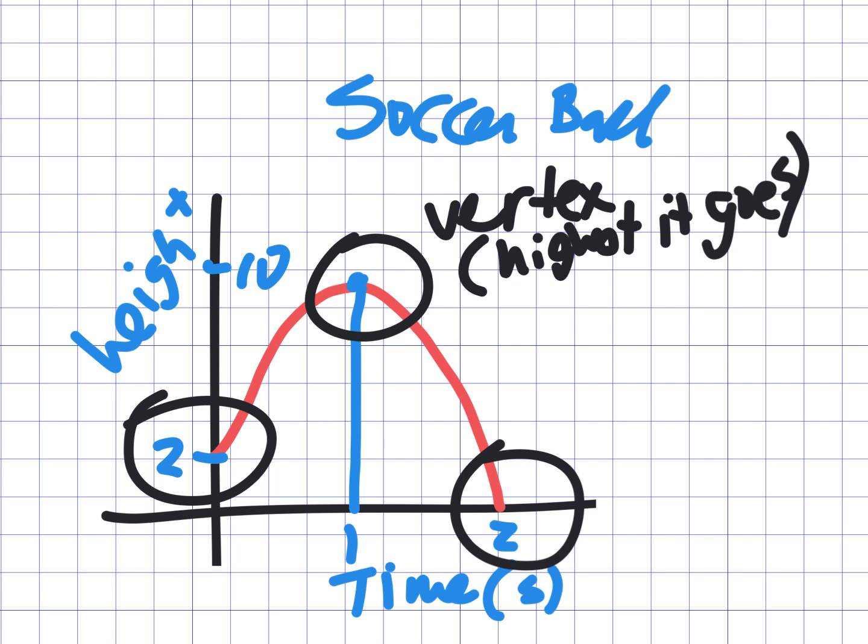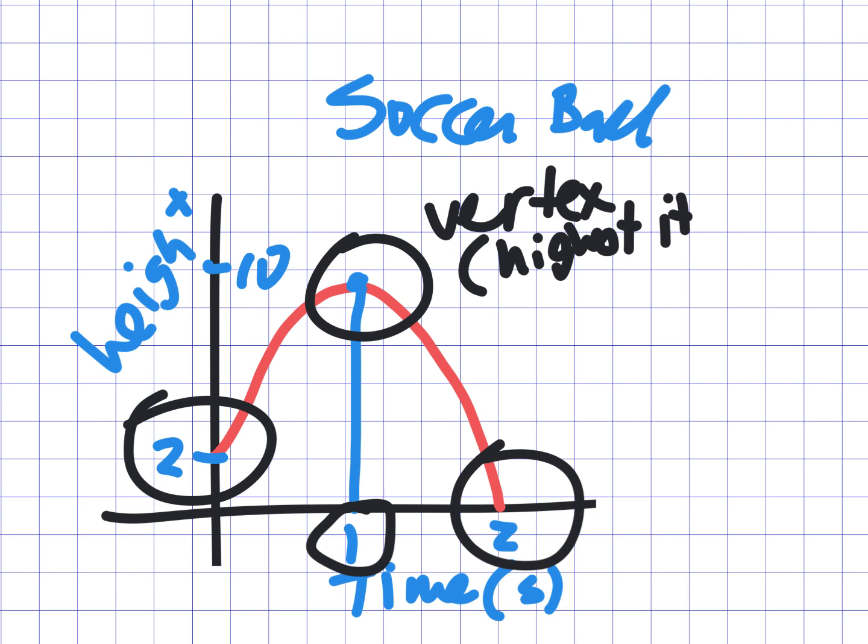And what is this vertex? What comma what? It is not at 3. It's time 1. So it would be at 1 comma. And it looks like it's a little lower than 10. I agree, maybe 9. 1 comma 9? Okay. And then what is the 1?